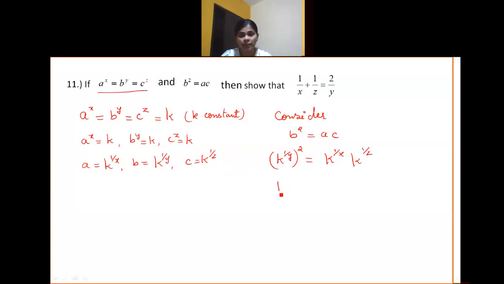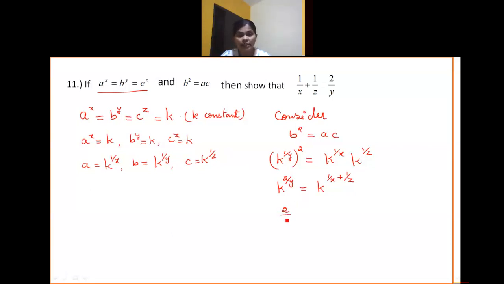So that is k to the power 2 by y, equal to the same base repeating, so just multiplication of the powers means I can add the powers. Now we can observe the same base on both sides and it is equated. Whenever the same base is equated, we can always equate the powers.